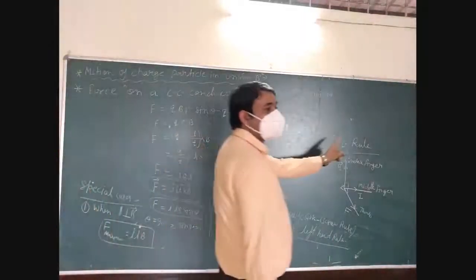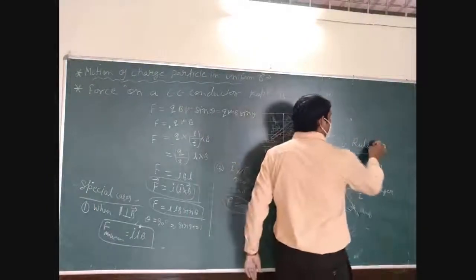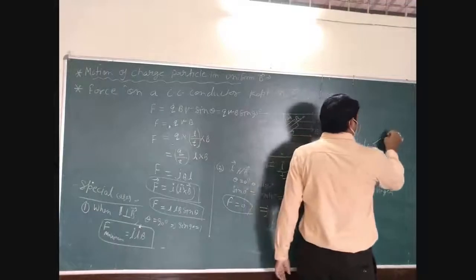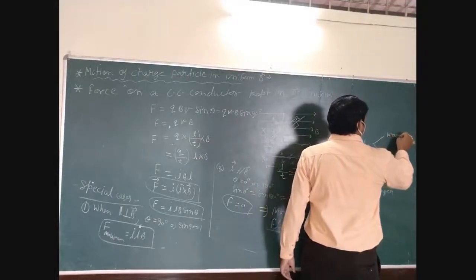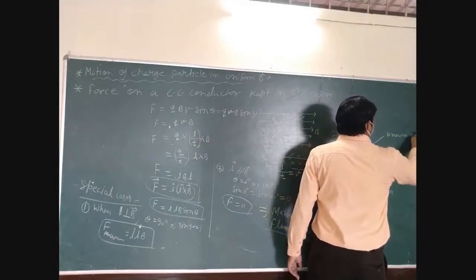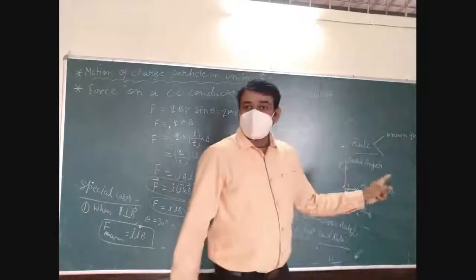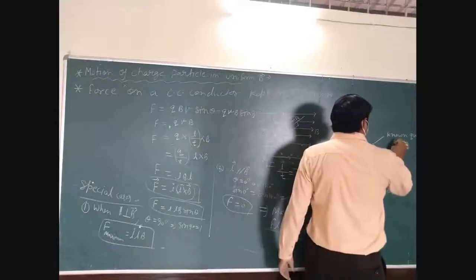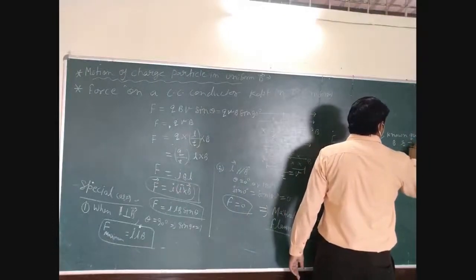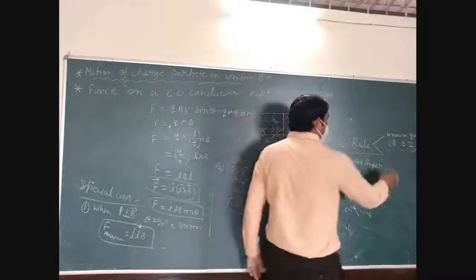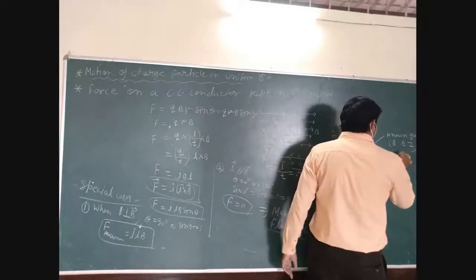And just see here, in Fleming's left hand rule we have B and I known, and we need to calculate the unknown quantity.